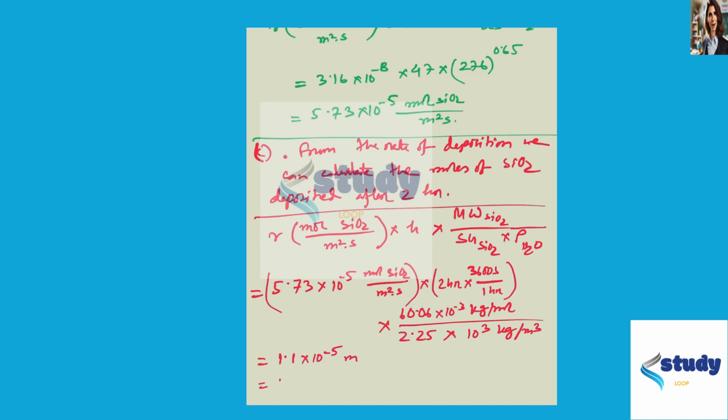Let's convert it to Angstrom, or 1.1 multiplied by 10 to the power 5 Angstrom is the thickness of the silicon dioxide layer.